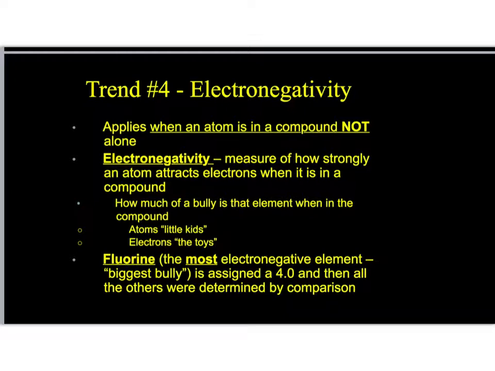And because they don't gain or lose, they're not going to have an attraction for electrons. And so noble gases like helium, neon, argon, krypton, xenon, and radon are not going to have an electronegativity. So if you see a question that says one of the noble gases has the highest electronegativity, that's wrong because they don't actually have electronegativity. So keep that in mind.